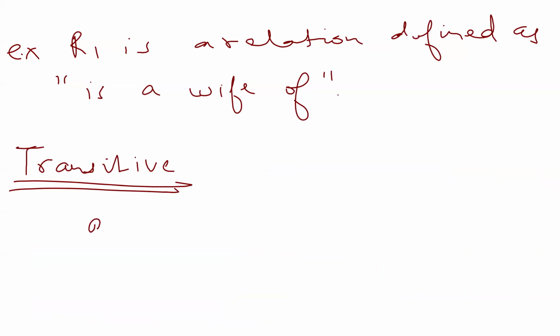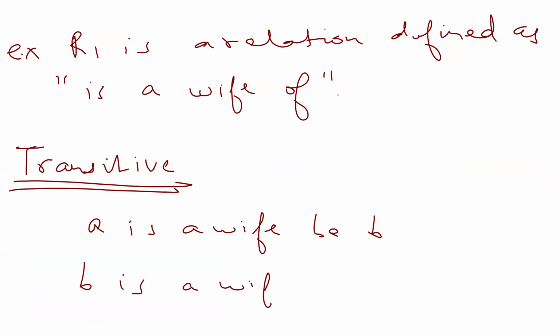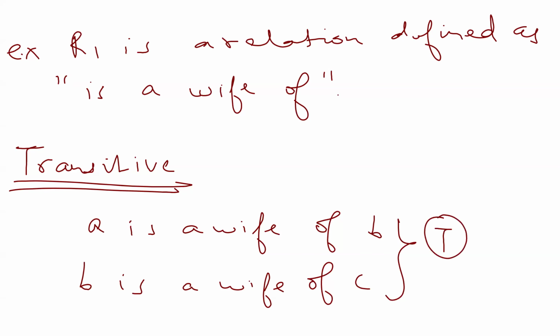A is a wife of B. B is a wife of C. Let this be true.